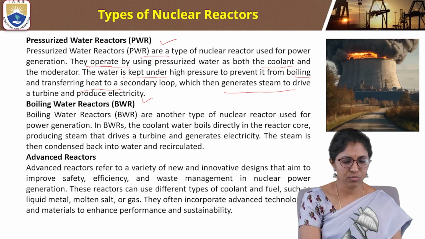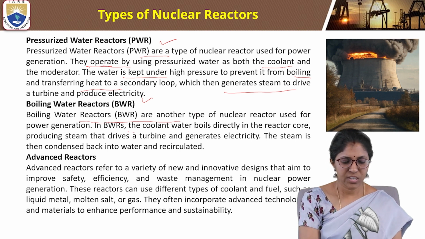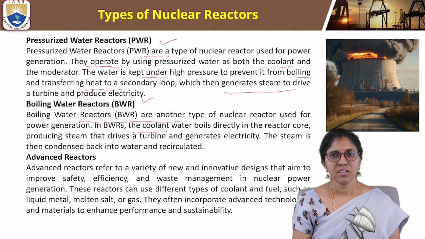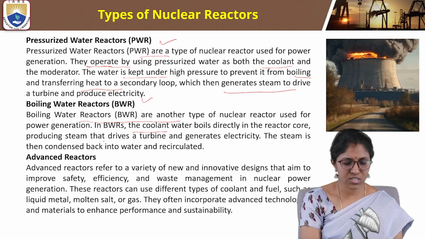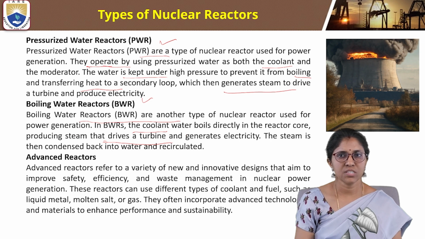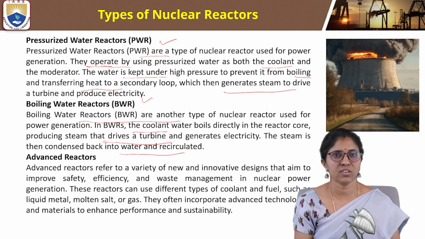Boiling water reactors are another type of nuclear reactor used for power generation. In these reactors, the coolant water boils directly in the reactor core, producing steam that drives the turbine and generates electricity. This steam is then condensed back into water and recirculated.